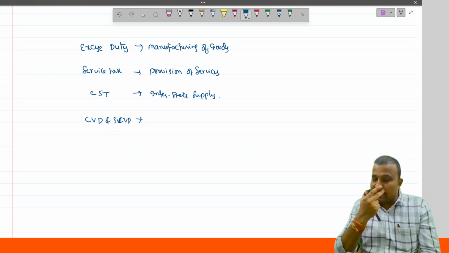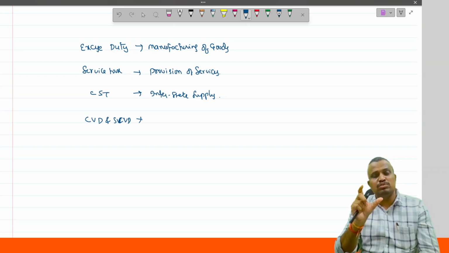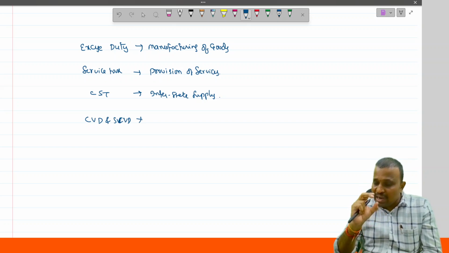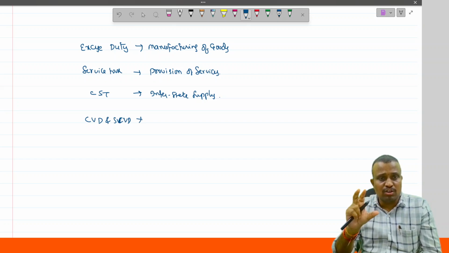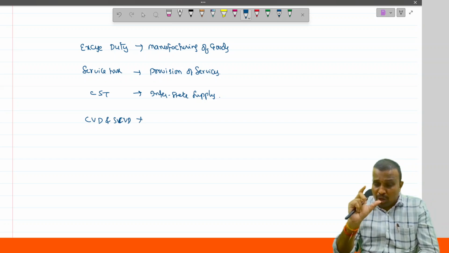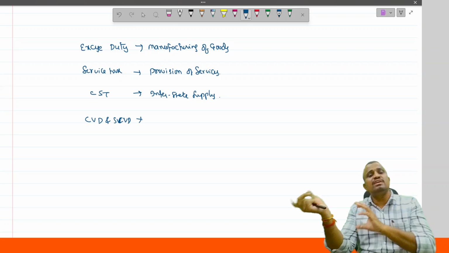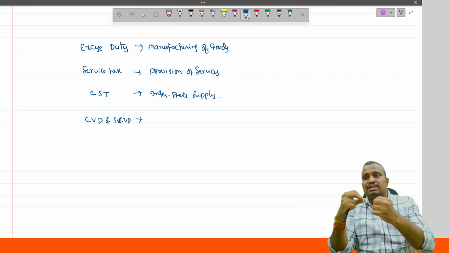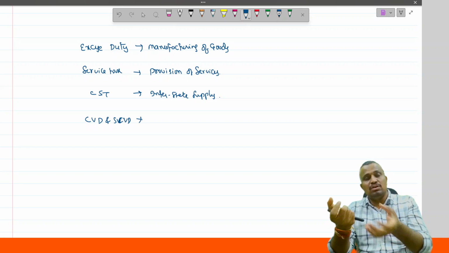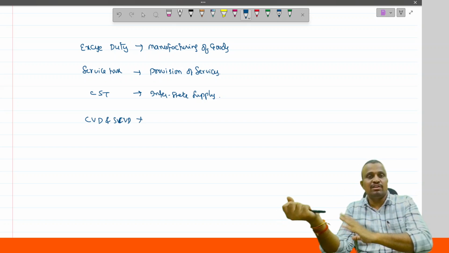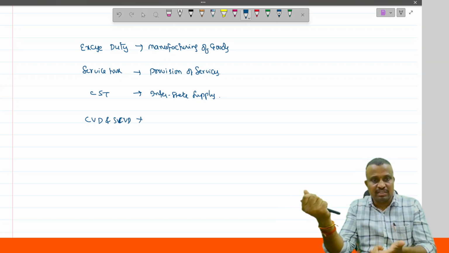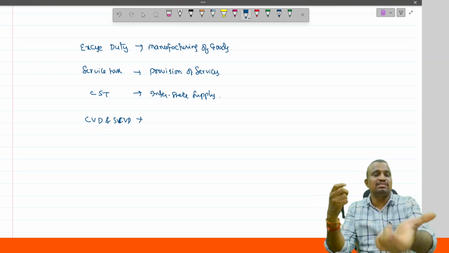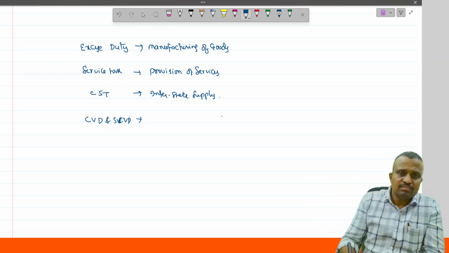Because of that, the domestic product manufactured in India is at a higher price, as the additional tax is imposed by the central government in the form of excise duty. To counterbalance that, a tax rate equal to the local excise duty is levied on the importation of the product, called CVD. In the same way, SCVD is similar to the CST or VAT which was levied locally.